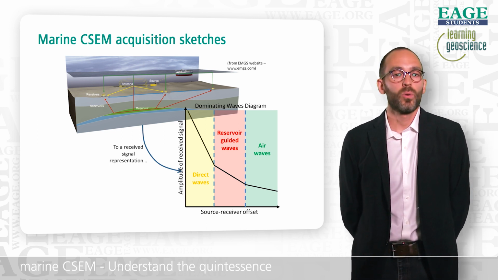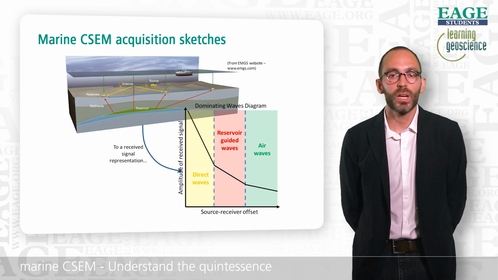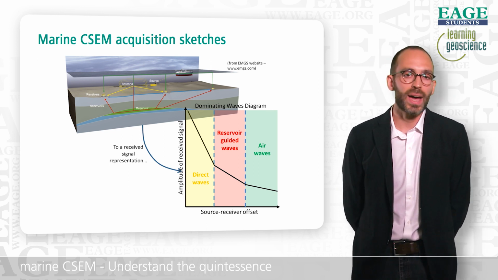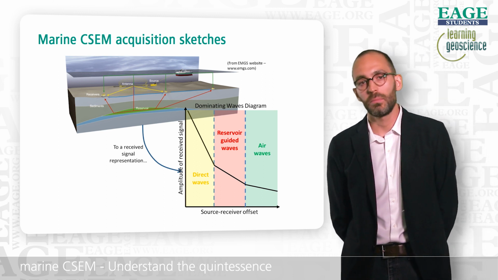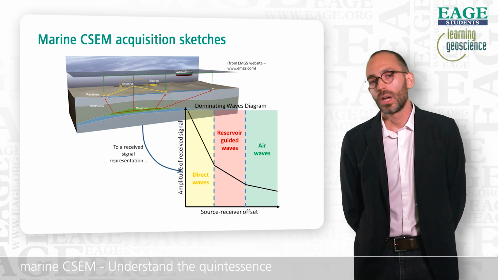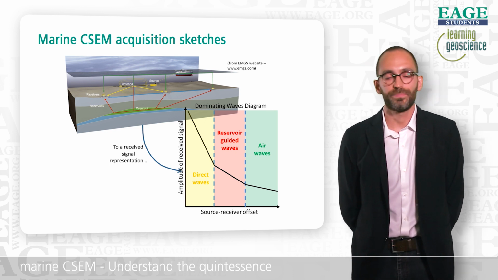It is towed by a vessel, generally about 30 meters above the seafloor. And the maximum range of acquisition, I mean the offset between the receivers and the source, is about 10 kilometers.